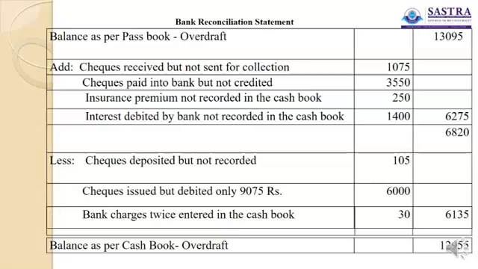Balance as per passbook, the overdraft, has been taken as the base balance, and checks received but not sent for collection. So this is added.